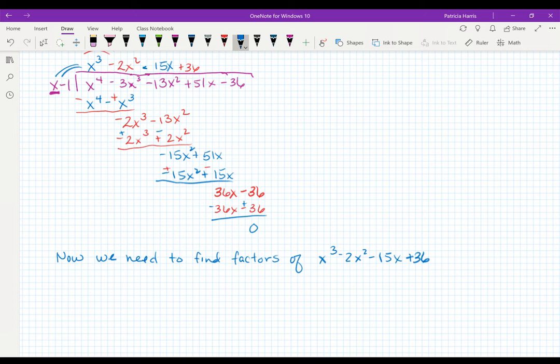Just because we used 1, it doesn't mean we can't use it again. We actually can, but just looking at the coefficients, I can tell you it's not going to work. So we need to go for other numbers.